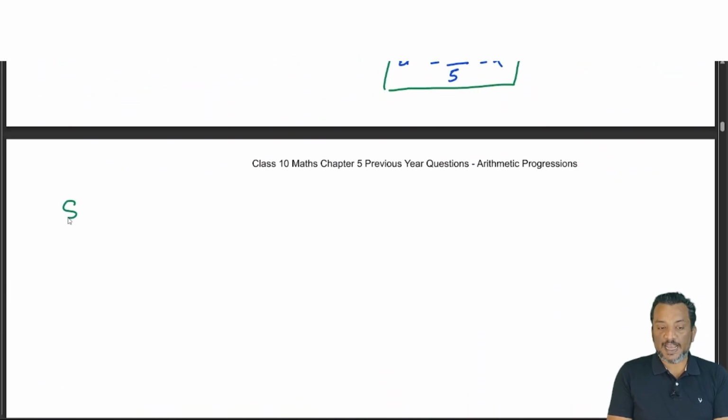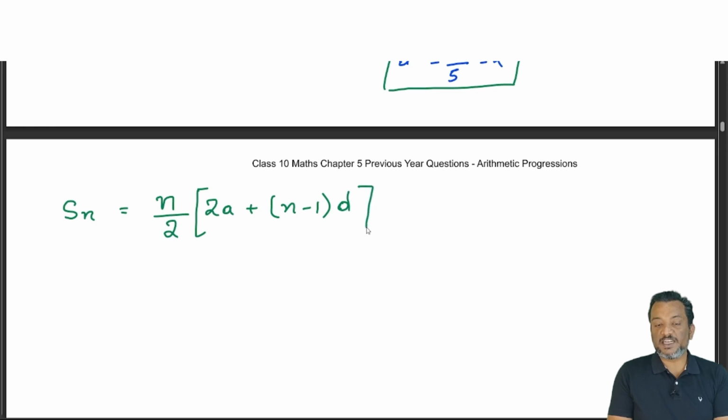So we can say Sn is equal to n over 2 times 2a plus n minus 1 times d. This is our general formula for the sum of an AP. Here n is 20, a is 1, and d is 2.